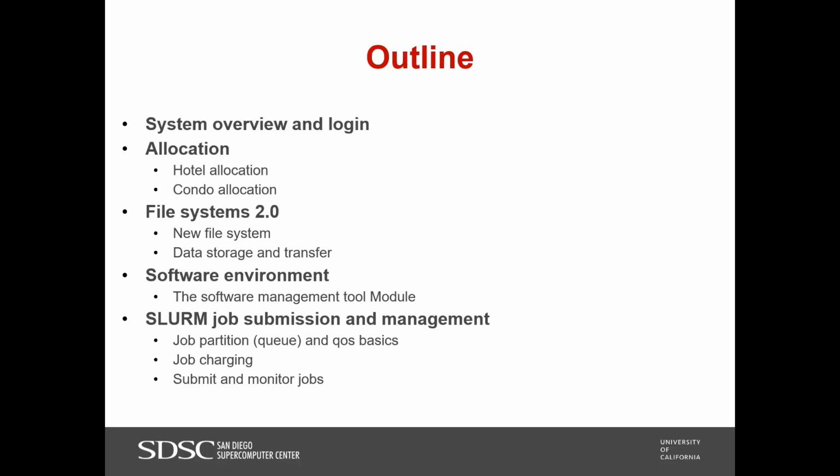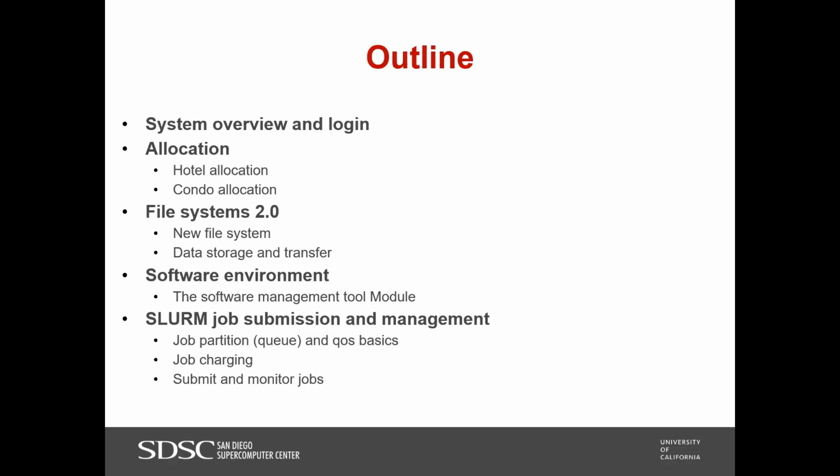And we will then cover the software environment about using the new module. And the last but most important part will be how to use SLURM to submit and manage jobs, which will include the new job partitions and the QoS.